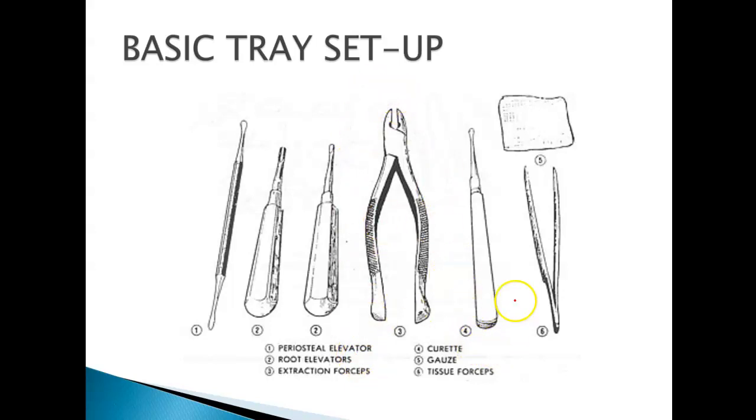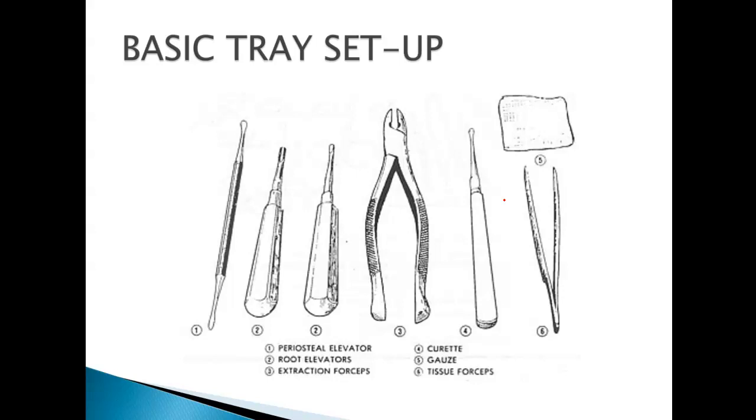Next, we have our curette, and our curette can either look like this with a larger handle, or it could look as a double-ended, very similar to this. And unlike the periodontal curette that is used to remove calculus, the surgical curette is used, once the tooth is extracted, to scrape or remove any debris that might be present in the socket.